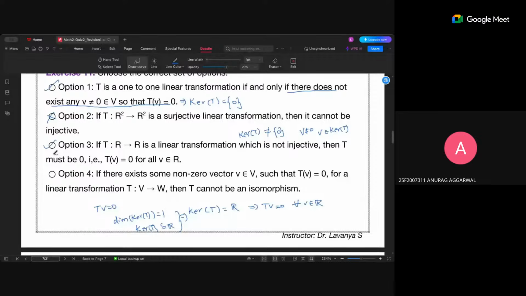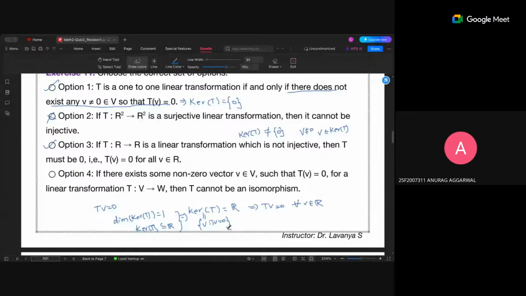If the dimension of the kernel is the same as R, kernel is R, then how come TV is equal to 0? See, your kernel is the set of all V such that TV equal to 0, and that is your entire domain. So it means all vectors here are going to 0. Got it?